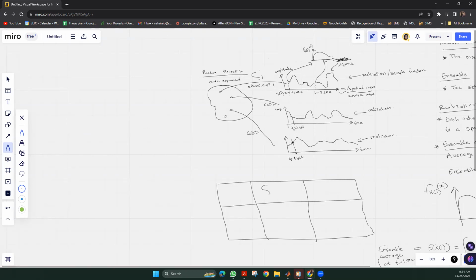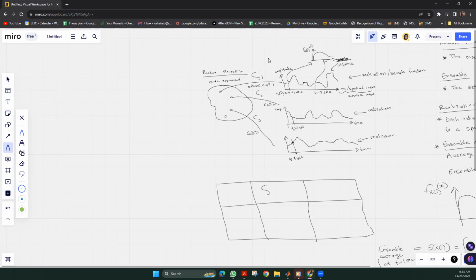Then we can denote another parameter, which is the time parameter. In general terms we call that a sample index.